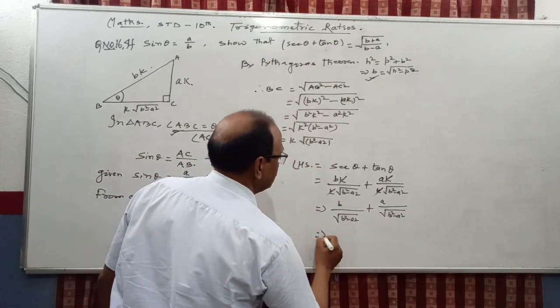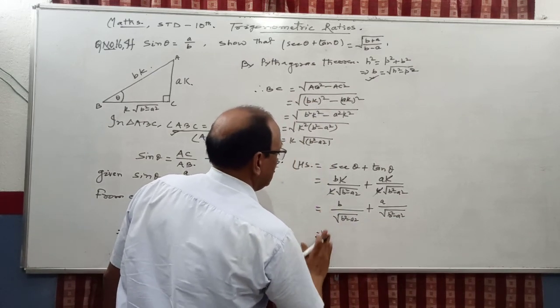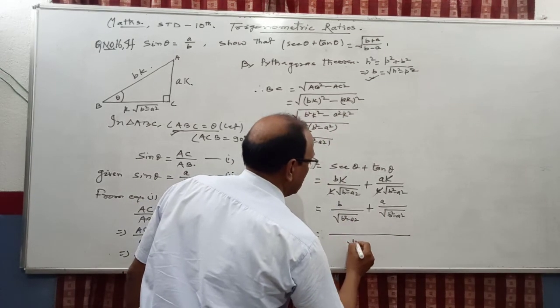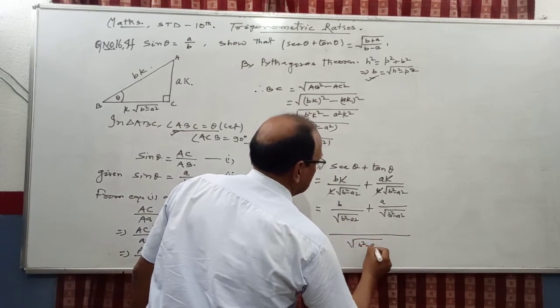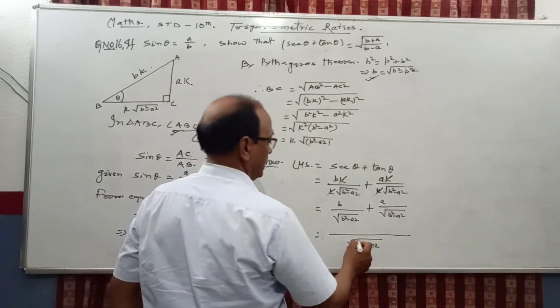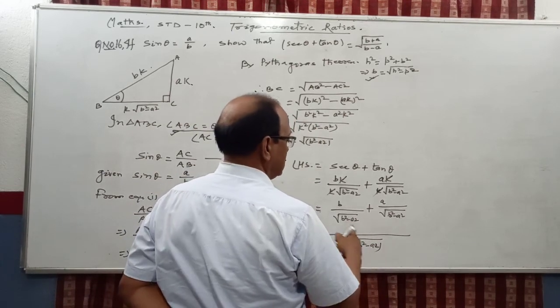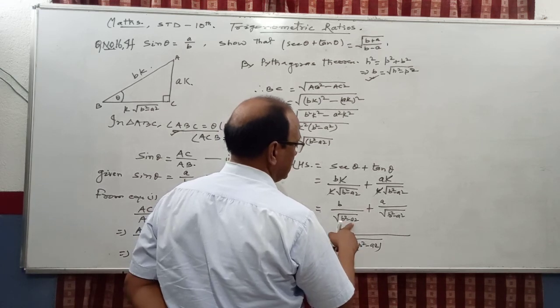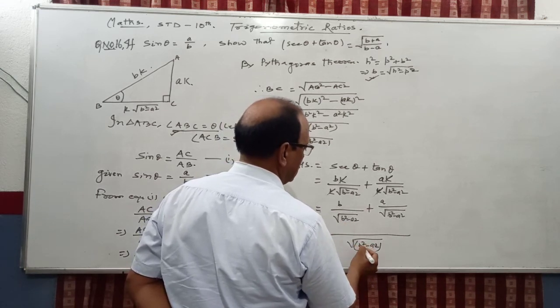Take the LCM. It is the same thing here, so we write here under root B square minus A square as the denominator.